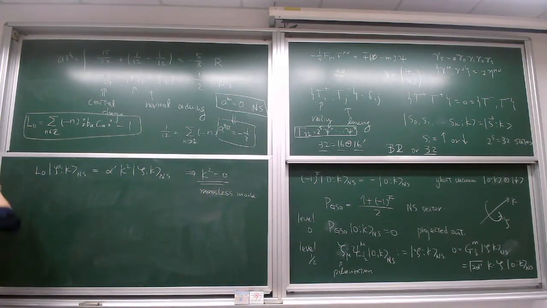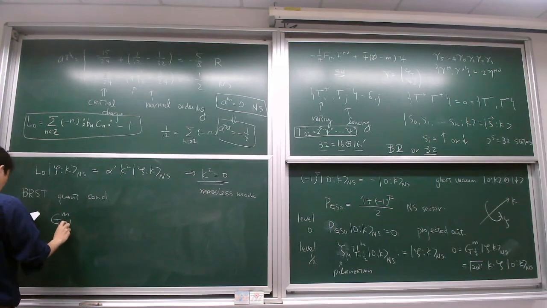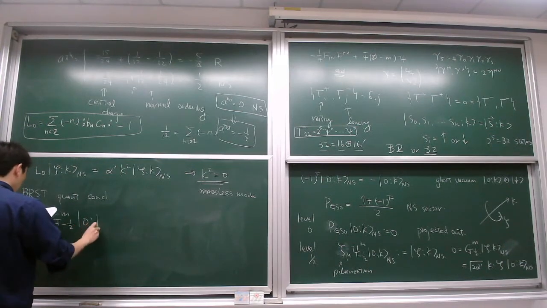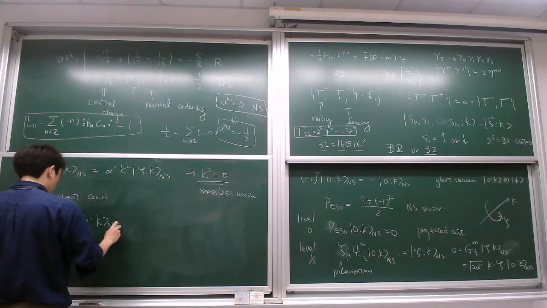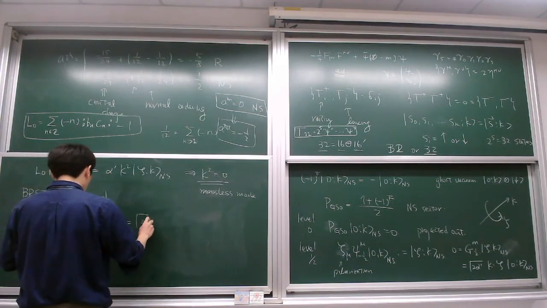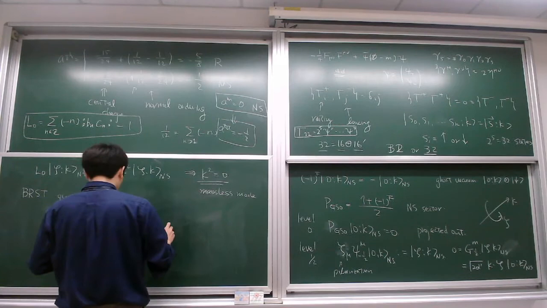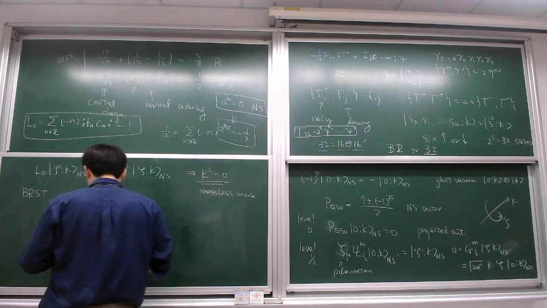And then we impose the BRC quantization condition, which is G matter minus 1/2. Yeah, so the BRC quantization condition will tell us that this NS vacuum has to have 2 alpha, which is the, I think I made a mistake.